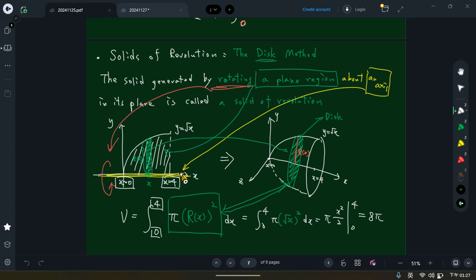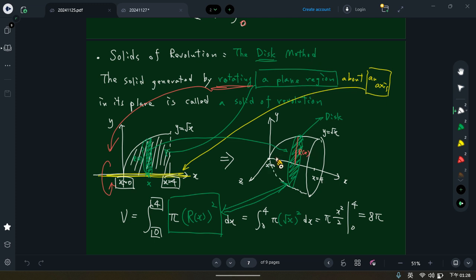In this case, for example, we have a curve here, and we use this region as a basis, then rotate this plane region about the x-axis. Then you can see the volume will be like this one. You can also see the cross-section here is a typical circle or typical disk. That's why we call it the disk method.